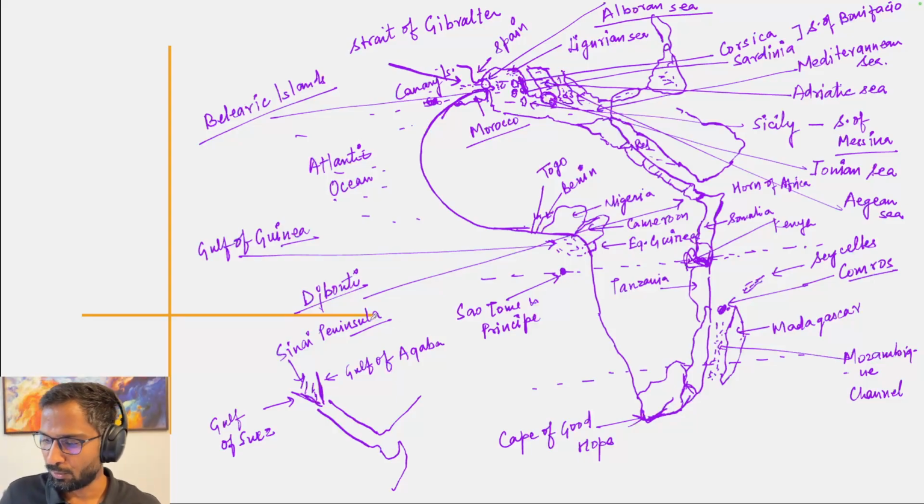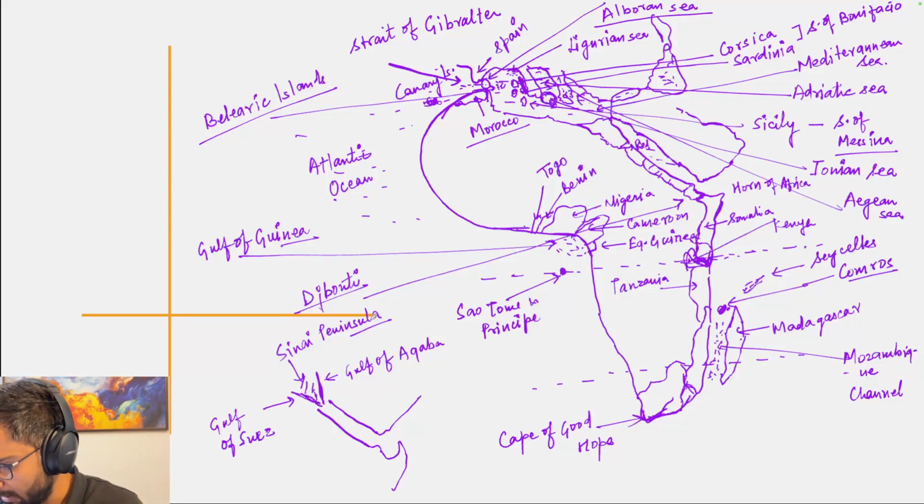Okay, so these are the different areas, different islands surrounding Africa. In fact, if you remember, I told you this country to be Tanzania. Over here you'll find very famous islands, a group of islands called Zanzibar Islands.